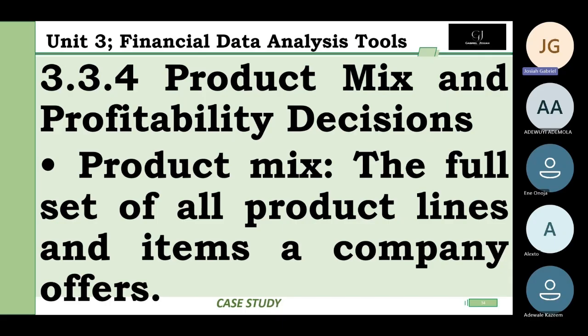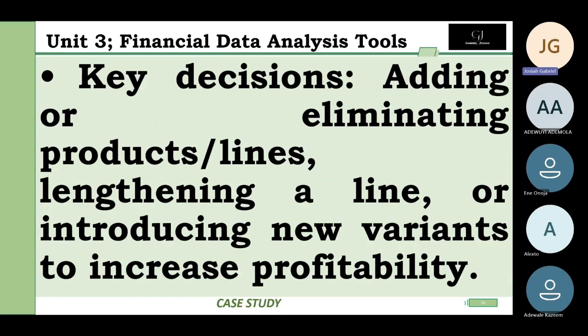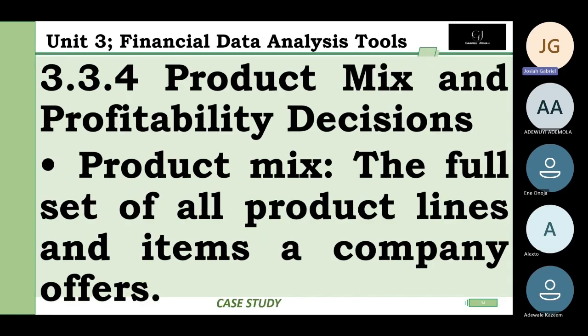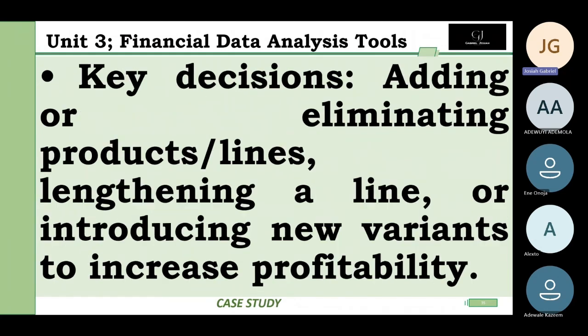And the key decision speaks to either adding or eliminating products or lines. So you either lengthen a line or introduce new lines or new variants to increase profitability. And that's what the research and development section of a business does. They sit down to look at which products are doing well, which products are declining in the group, are contributing well, which new variants could be introduced, which products could be expunged, removed out of the lines.